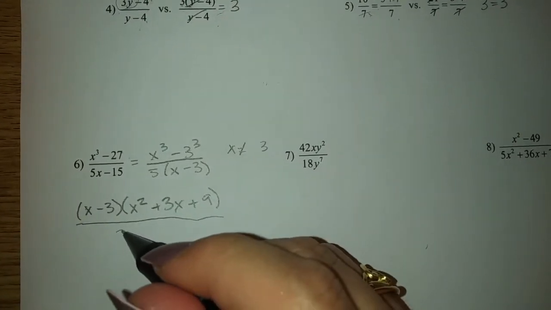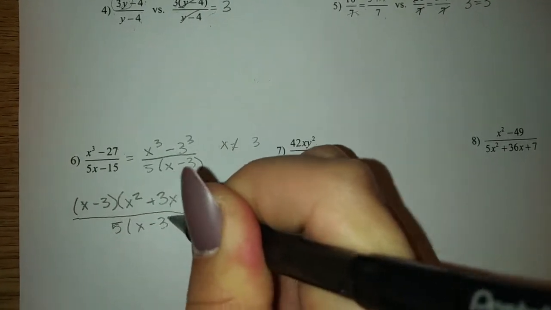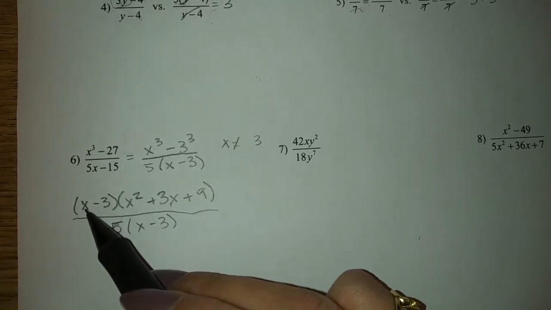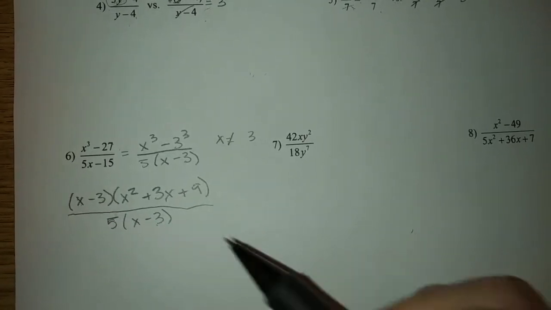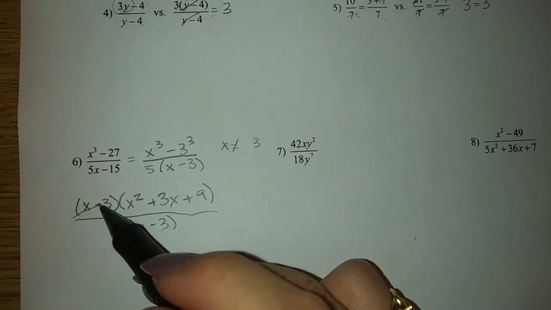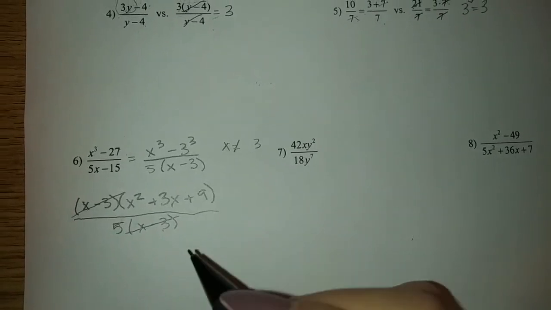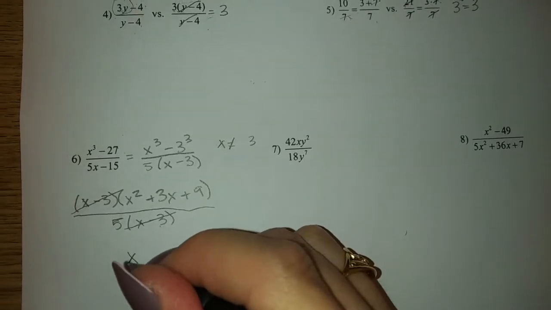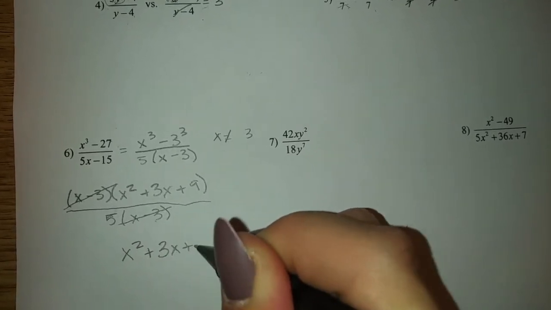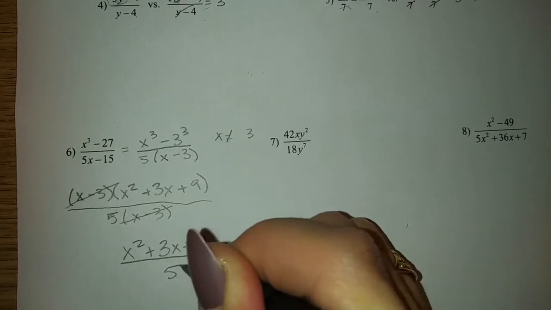And then we have on the bottom 5 times x minus 3. We know that you can cross out x minus 3 and x minus 3 because they are multiplying times other terms. So what we're left with on top is x squared plus 3x plus 9 all over 5.